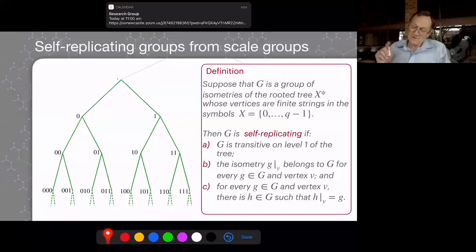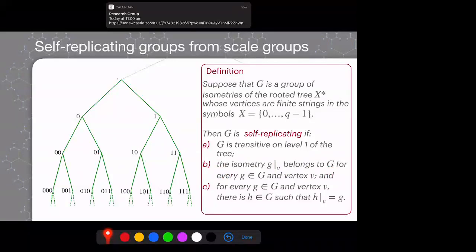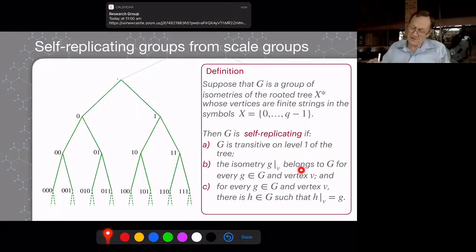Okay. Well, I guess one reason for doing that is just to save time in the talk. But from what I understood of the definition, self-similar is this condition B. And then self-replicating groups are defined to be self-similar groups, so they're already self-similar, but satisfy the third condition.